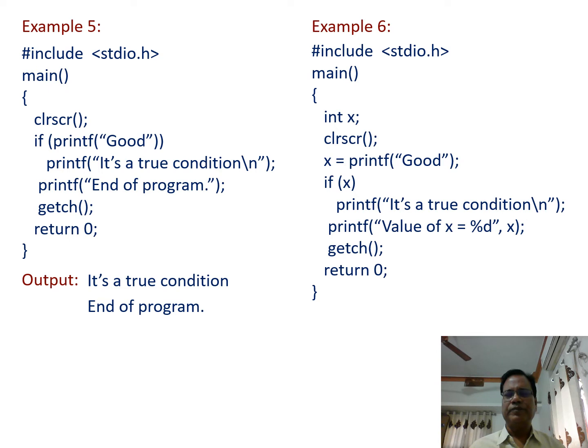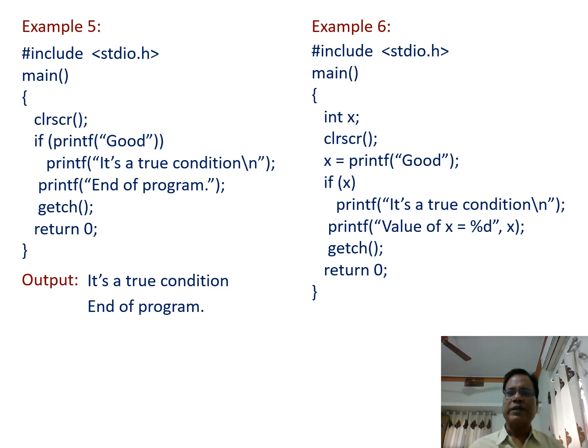Now in example 6, instead of writing the printf statement in place of condition of the if statement, here we are declaring a variable, and what return value a printf function returns, what is the return value of a printf function, we will try to see that one.